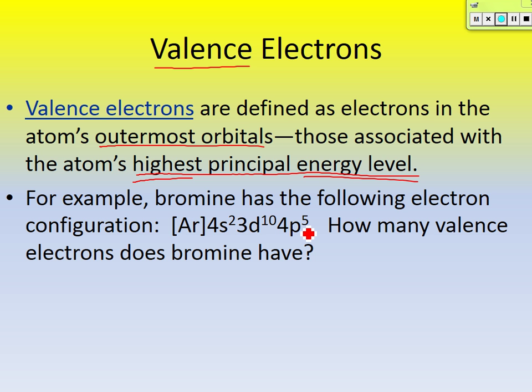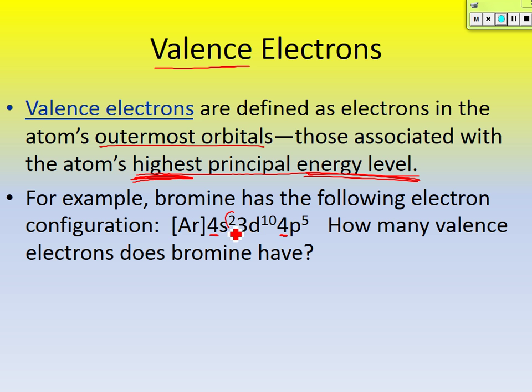Now, going back to this definition, the valence electrons are in the highest energy level. If you look here, the highest energy level, remember with electron configurations, this number out front tells us the energy level. So the highest number there is a 4, and we see it in two spots. We see it here and there. Now, how you determine the number of valence electrons is you simply add up the electrons that are in the highest energy level.